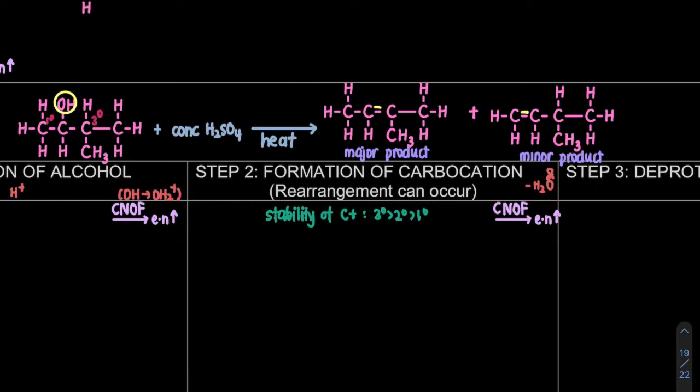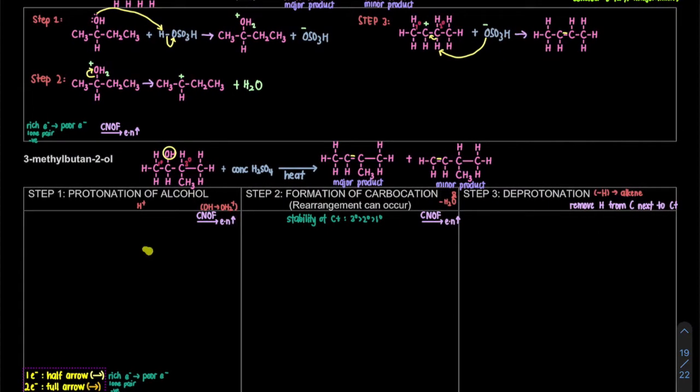Next step is we're going to do the mechanism. Remember, we want to write down the mechanism to get the major product. So here, step 1 and step 2 are the same as the 2-butanol. So I'm just going to fast forward it.